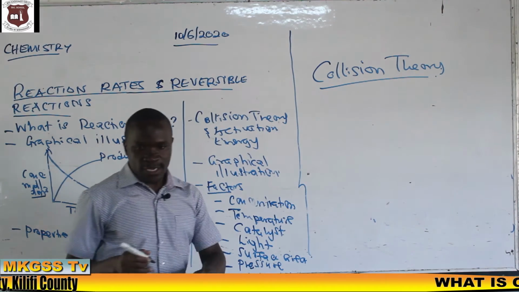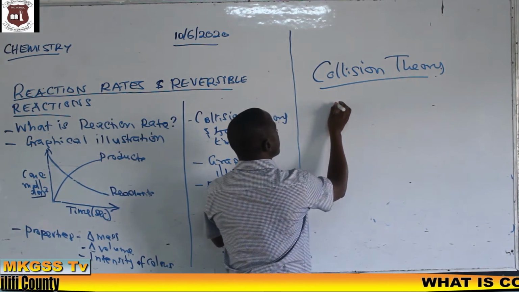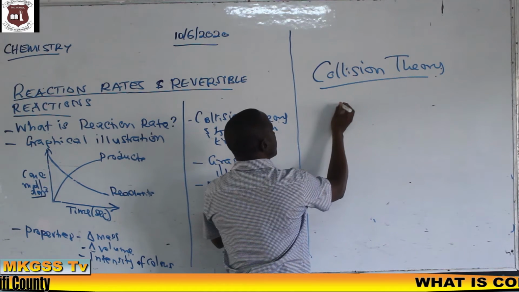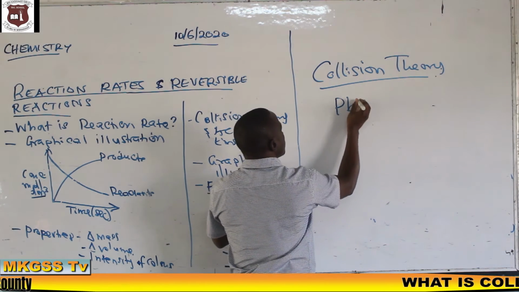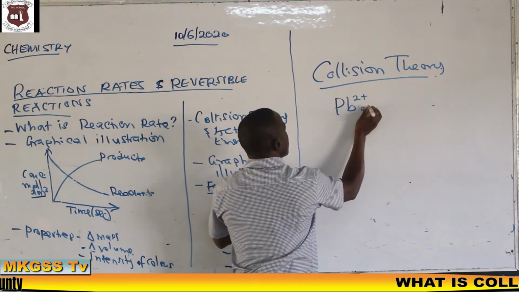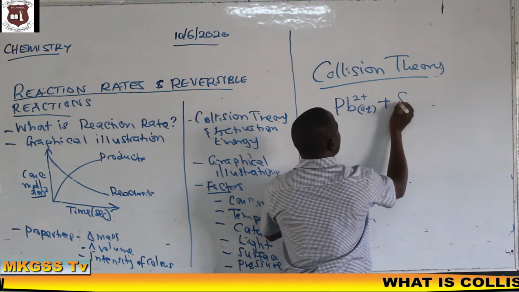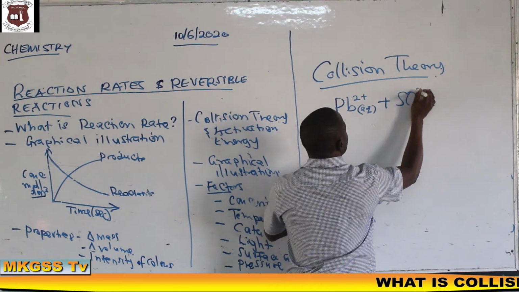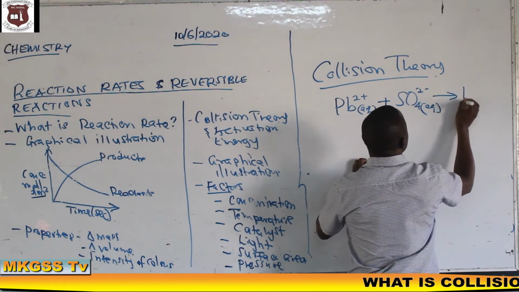Now let us consider a case where we have the lead 2 ions reacting with sulfate ions to form lead 2 sulfate.